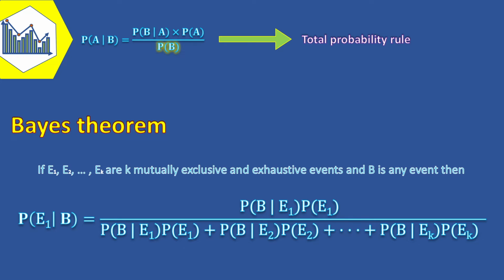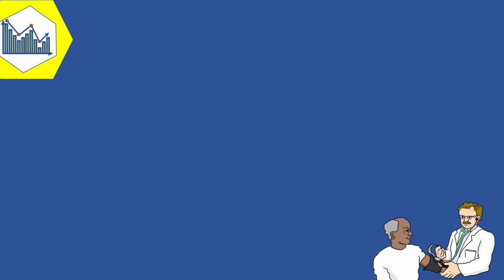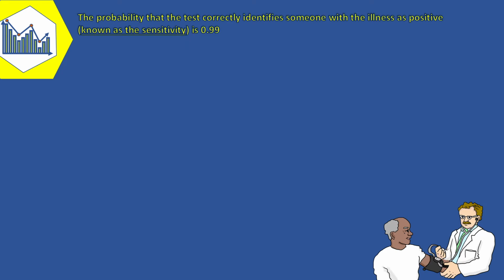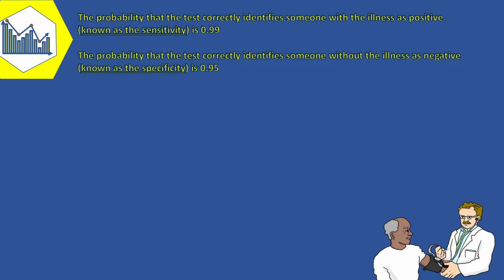But before wrapping up the video, let's see an example of this theorem. Because a new medical procedure has been shown to be effective in the early detection of an illness, a medical screening of the population is proposed. The probability that the test correctly identifies someone with the illness as positive, which is known as the sensitivity, is 0.99, and the probability that the test correctly identifies someone without the illness as negative, which is known as the specificity, is 0.95.